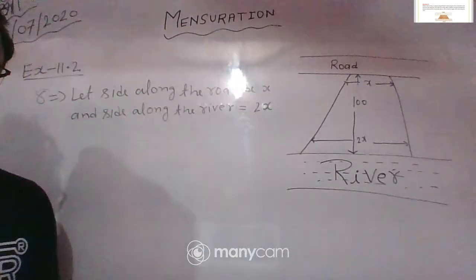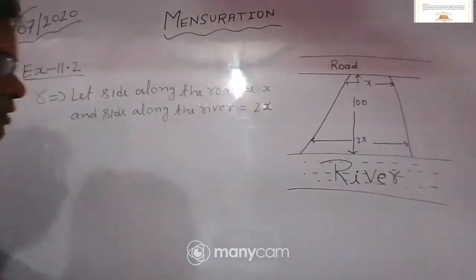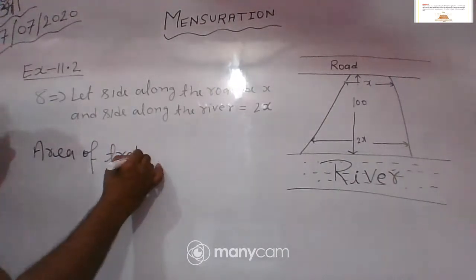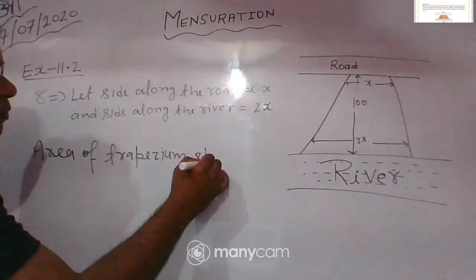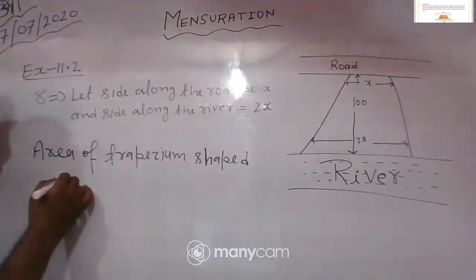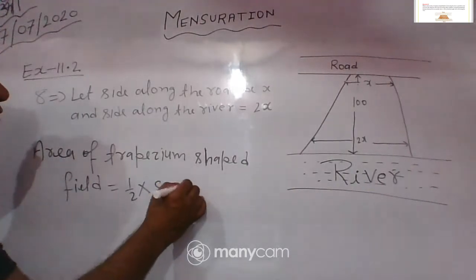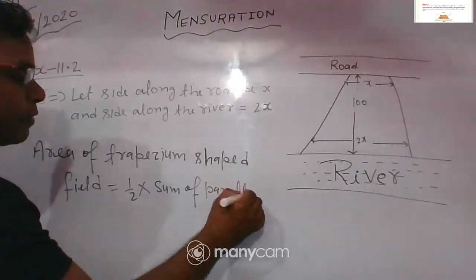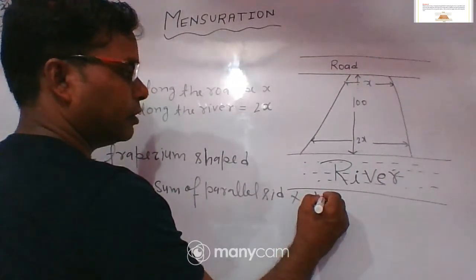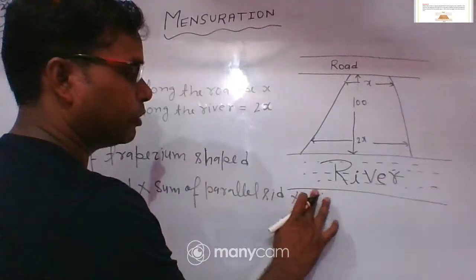We know that the area of a trapezium shaped field is equal to 1 by 2 into the sum of parallel sides into the distance between them, into the height, the perpendicular height.